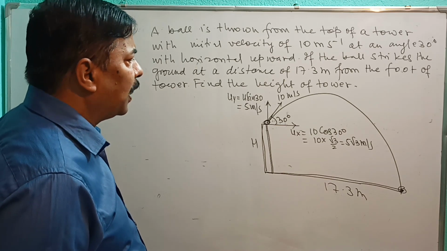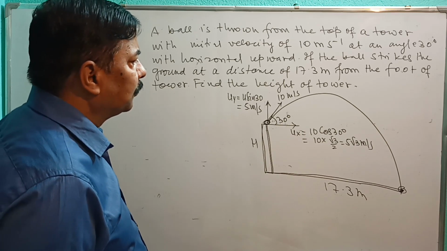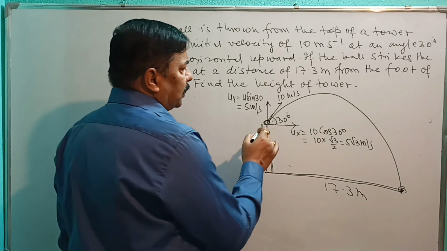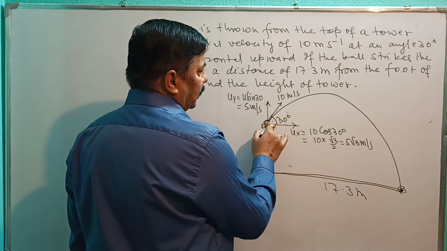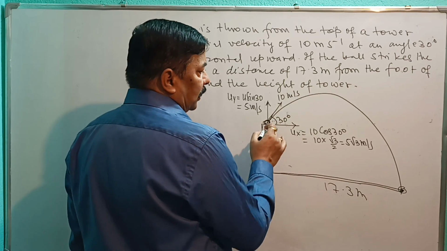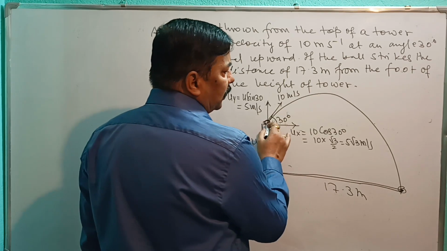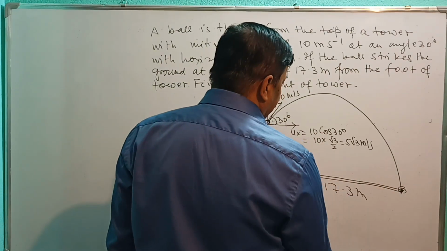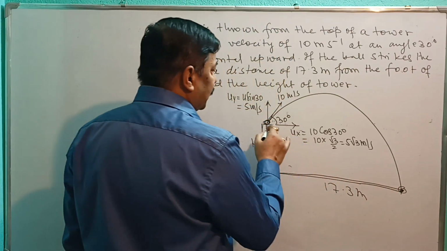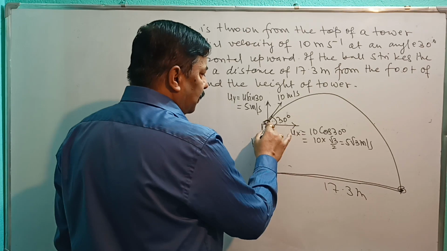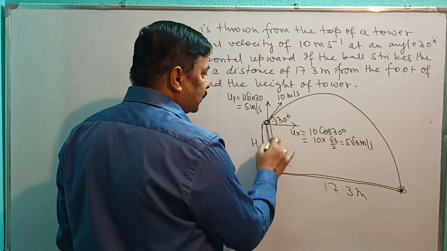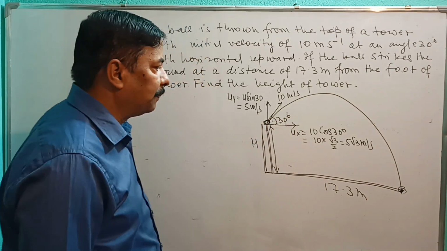Now, in order to find height of the tower, first I want to find the time. The time in which the ball will reach here, that means this horizontal distance, in the same time the ball has covered this vertical distance. Time remains the same.